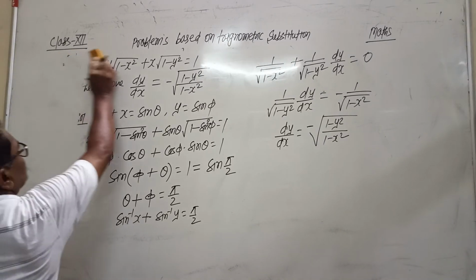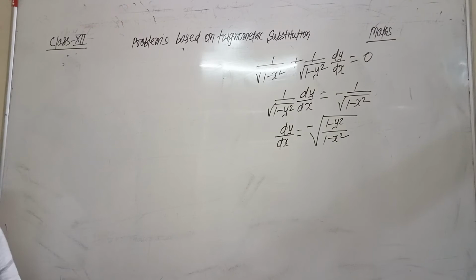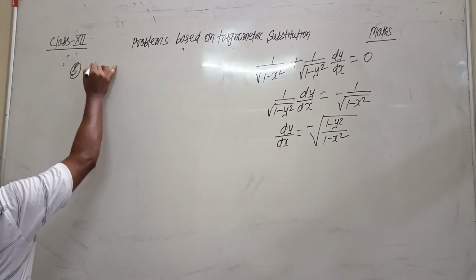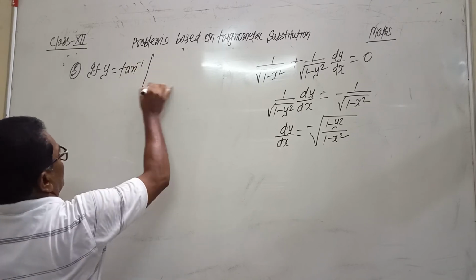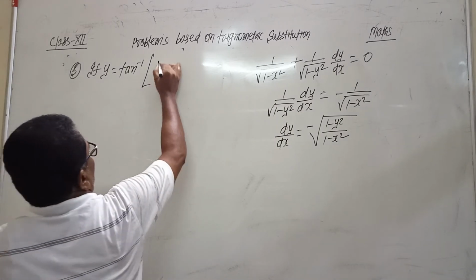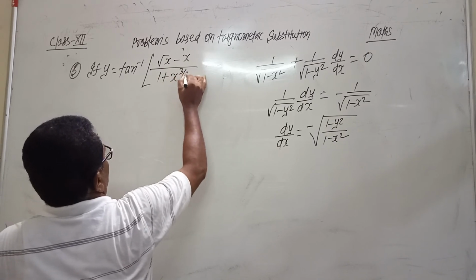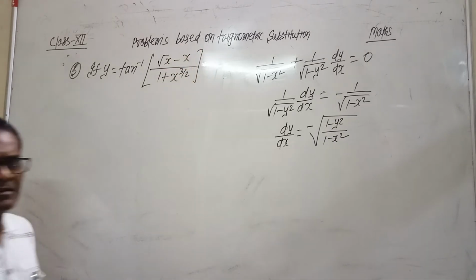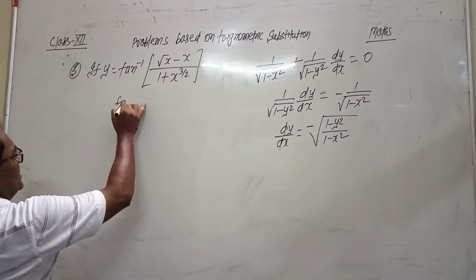Take another question. If y equals tan inverse of under root x minus x upon 1 plus x raised to the power 3 by 2, then find dy by dx.